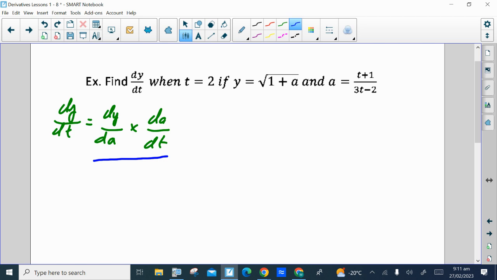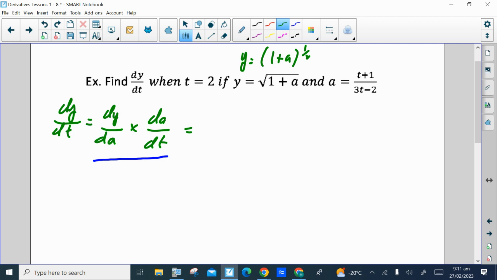Okay? So let's work with this. Before we differentiate this first expression, we would want to write y as a power. And now we will differentiate that.